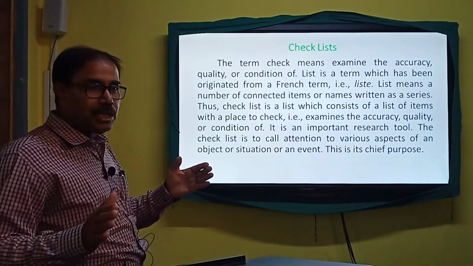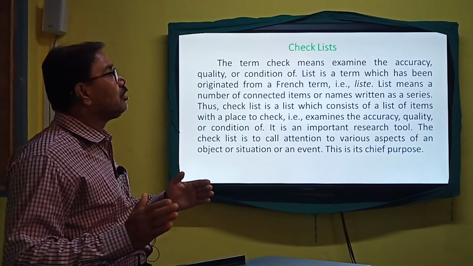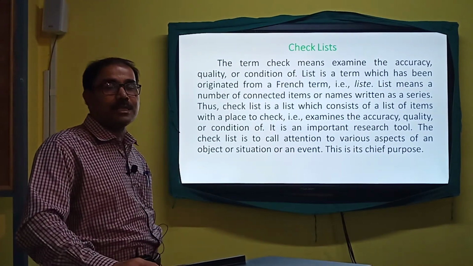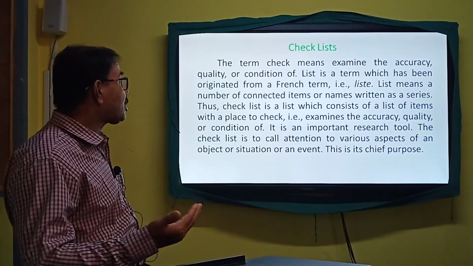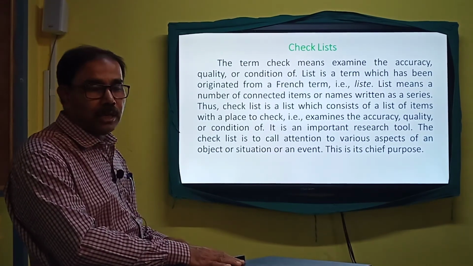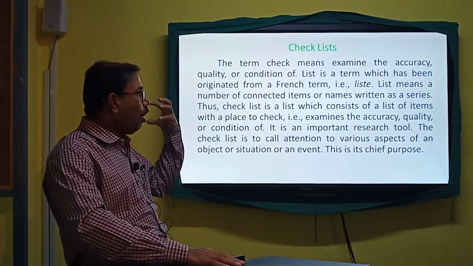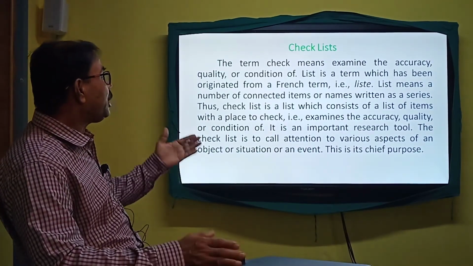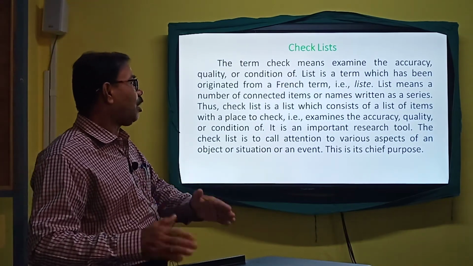Because for the preparation of a questionnaire, an interview schedule, an opinionnaire scale, or a checklist, we always have to depend on the review of the literature. It means we have to study the available research literature so as to select all the necessary items for the collection of data which have special importance within our own research problem area.